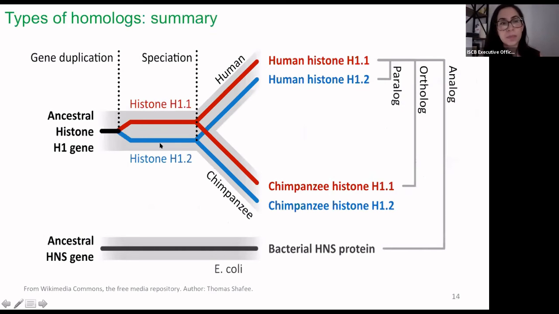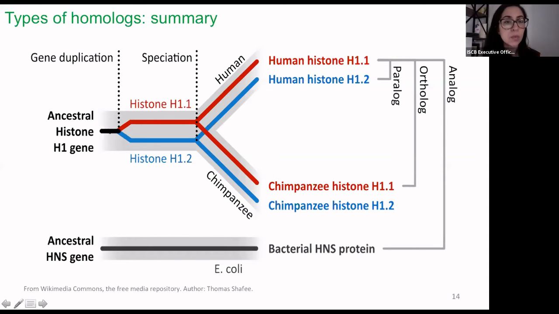So this is to recapitulate the difference between orthologs and paralogs. If we follow the red line, the human histone H1.1 will be in red, and then the chimpanzee also has the same gene. These two are orthologs.